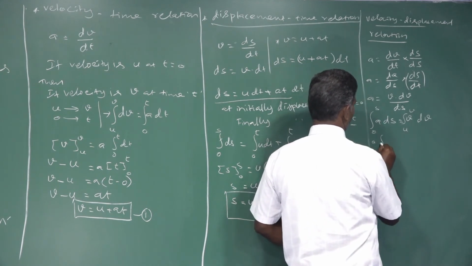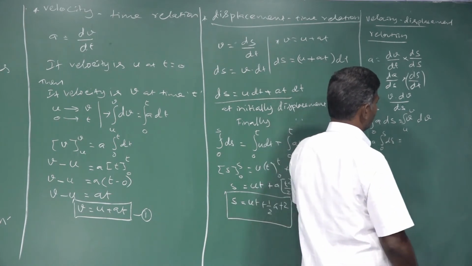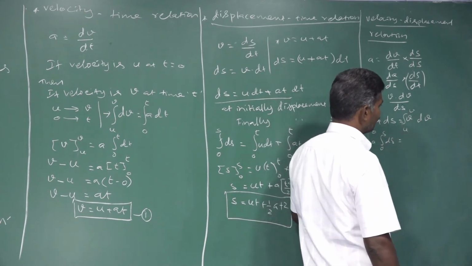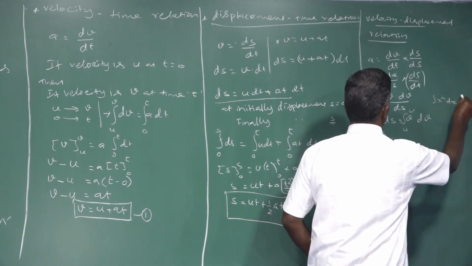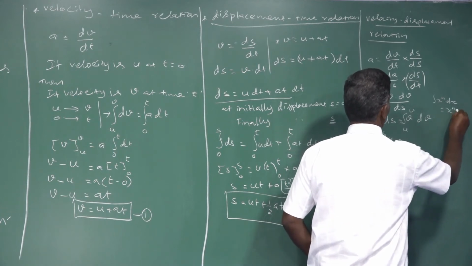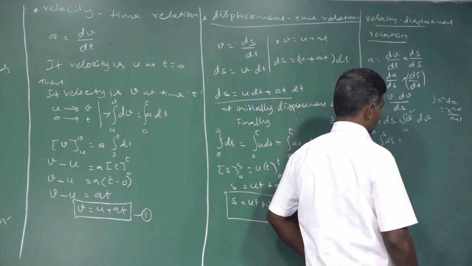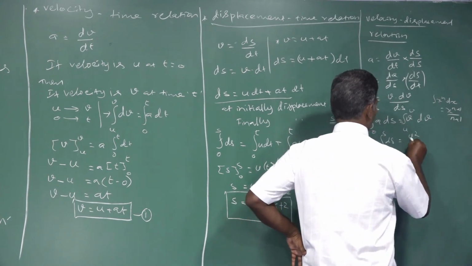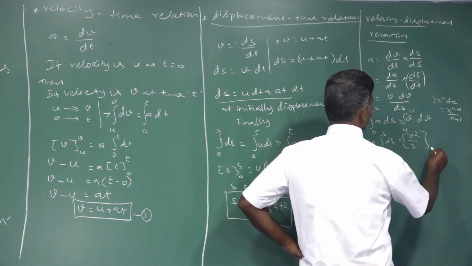Taking a out, integral from 0 to s of ds equals integral of v dv. We can use the formula that the integral of x to the power n dx is x to the power n plus 1 divided by n plus 1. So like that we get v square divided by 2, with limits u to v.